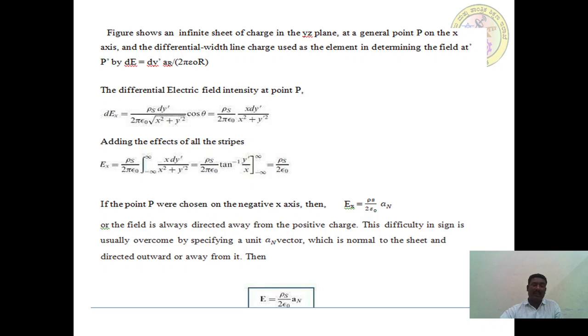This is the basic definition of the line charge.